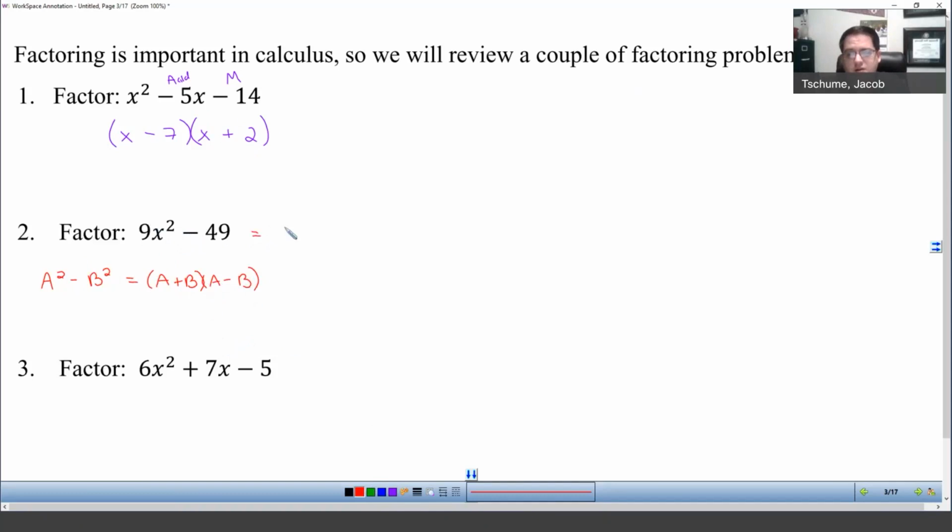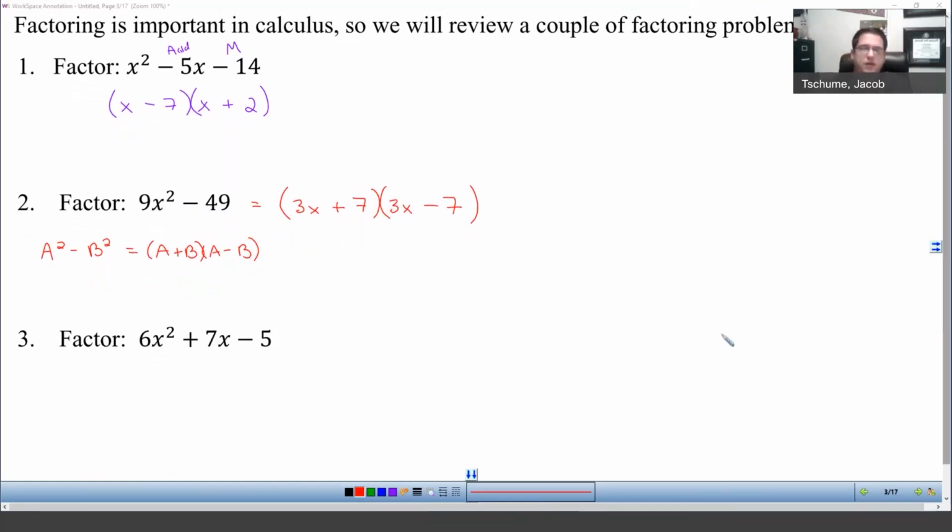What squared gives you 9x squared? Well, that would be 3x, because 3x times 3x is itself. I'll write that down first. What multiplied by itself gives you 49? Well, that's going to be 7. And then difference of squares says one's got to be a plus and one's got to be a minus. So that factors into 3x plus 7 times 3x minus 7.